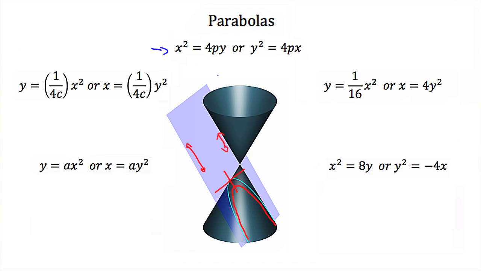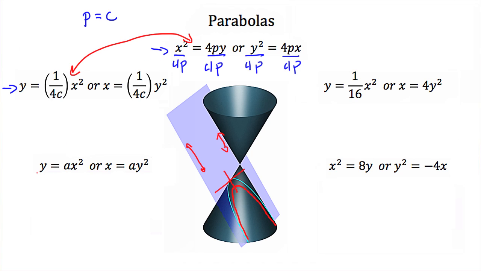Now, some textbooks also use the standard form of y is equal to 1 over 4c times x squared, or x is equal to 1 over 4c times y squared. If you imagine that p is equal to c, then you may notice that if I divide both sides of these equations by 4p, these two become the exact same equation.